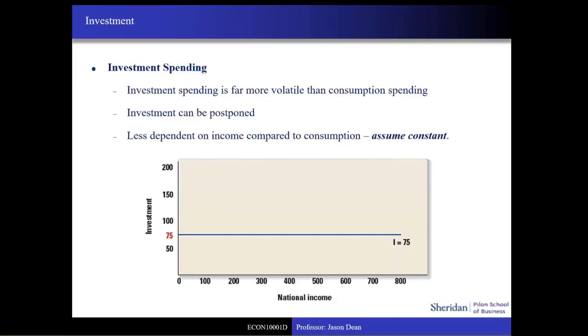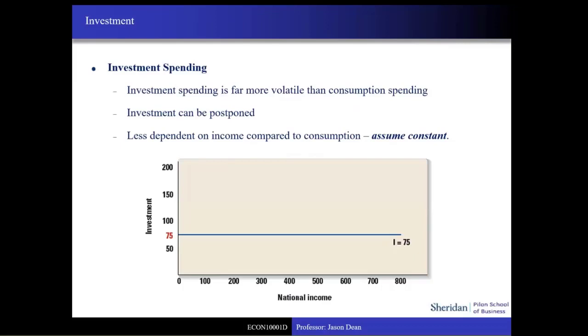Now, investment spending is far more volatile than consumption spending. So if you think of the economy, for example, with this COVID-19 situation, businesses are going to likely reduce their investment spending immediately. They're going to be worried, so they're not going to put forth any investment spending. So investment spending can be easily put off by firms.